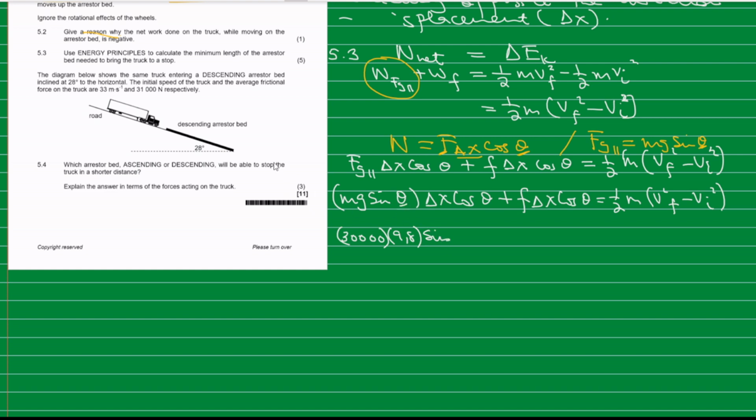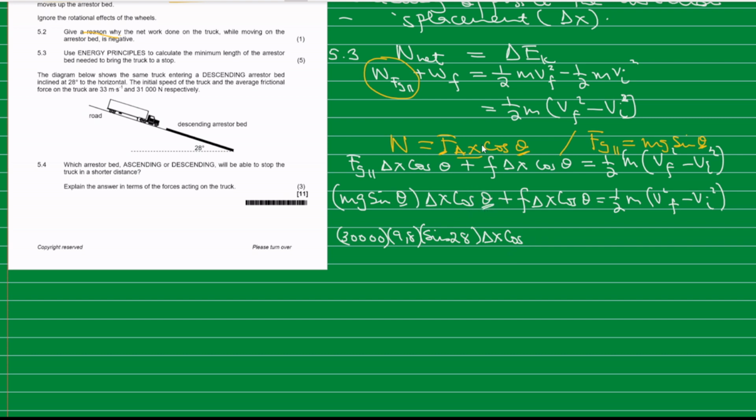Theta is the angle at which the incline is to the horizontal, so that is sine 28. And this we multiply by the displacement delta x cos theta.